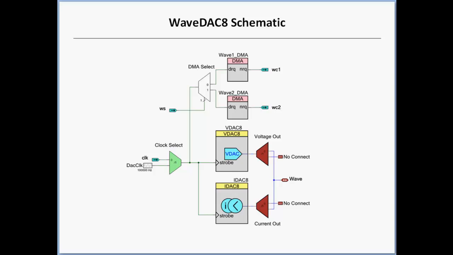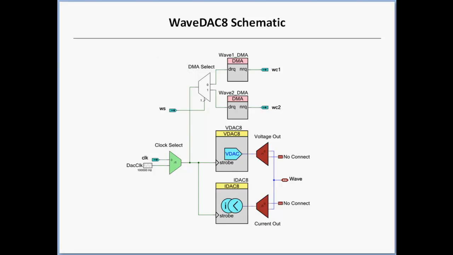Let me give you a brief overview of what is inside of the WaveDAC 8 component. The WaveDAC 8 consists of a VDAC 8 or IDAC 8 DAC depending on the selected range, two DMA channels, an optional internal clock, and a mux to select between the two DMA channels.